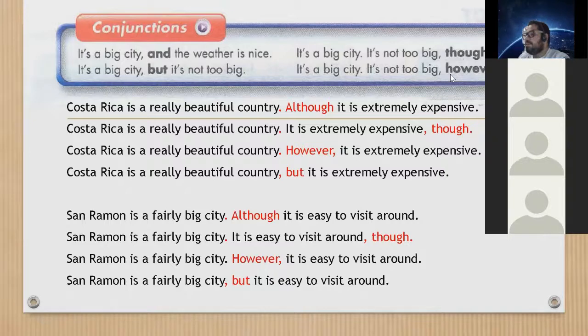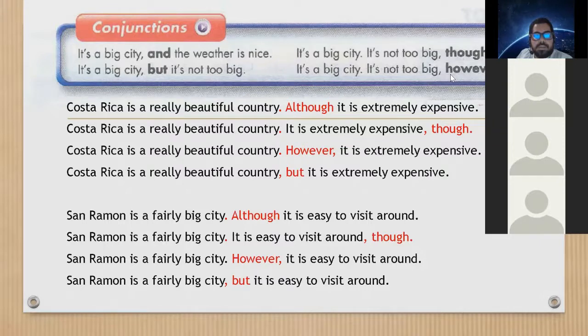Okay, go ahead, you're learning with the second one. San Ramon is a fairly big city. It is easy to visit around though. So, yeah. Okay, go ahead, don't worry. San Ramon is a fairly big city. However, it is easy to visit around.